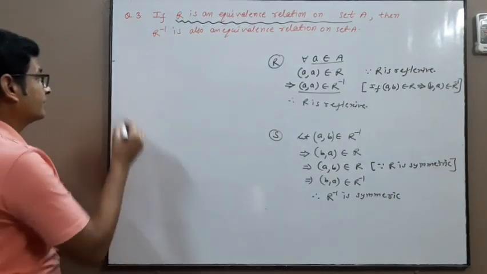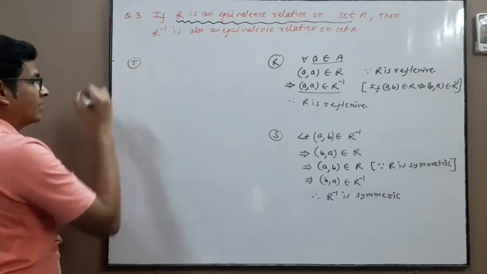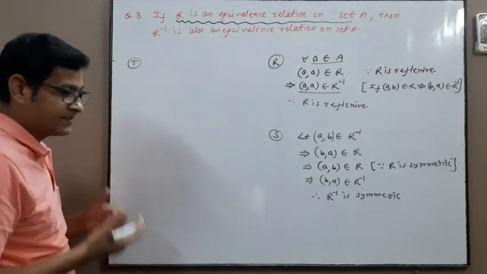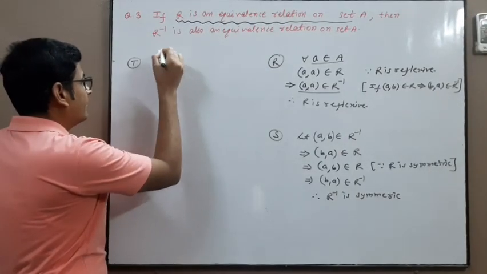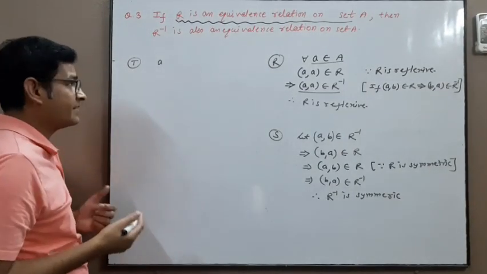For transitive, take two ordered pairs in such a way that the second element of the first ordered pair and the first element of the second ordered pair are the same.